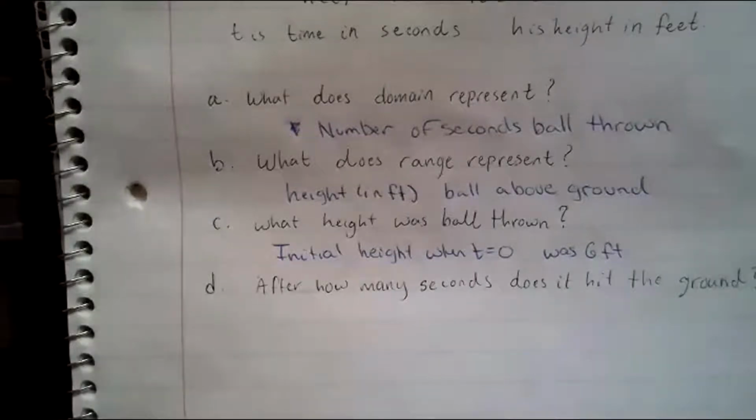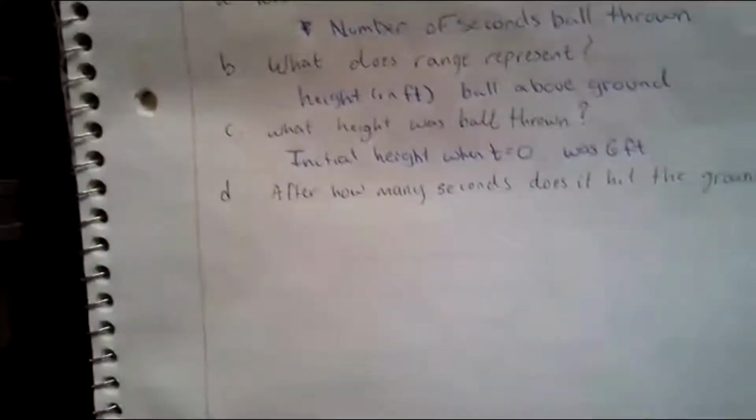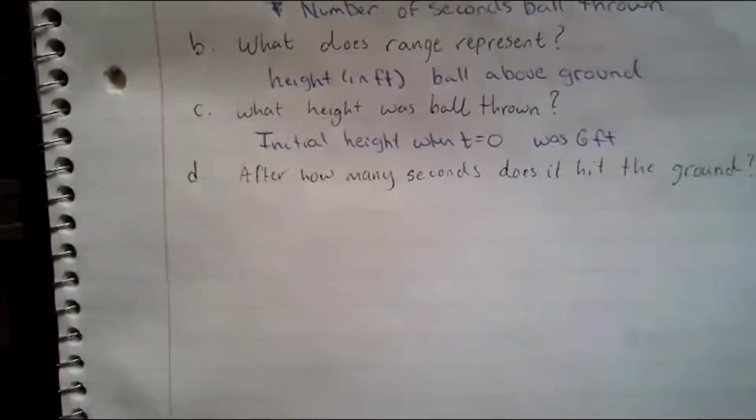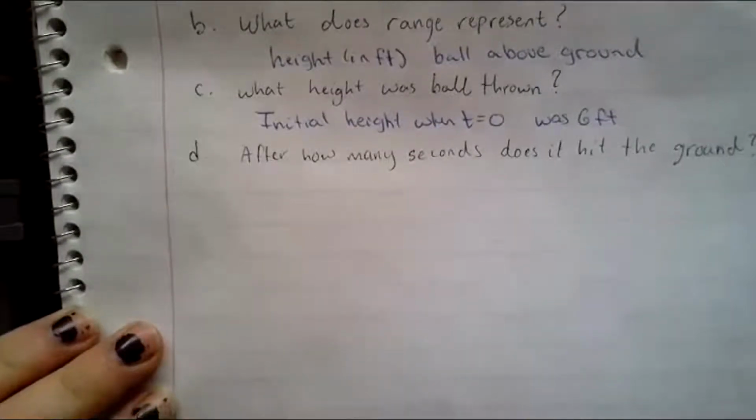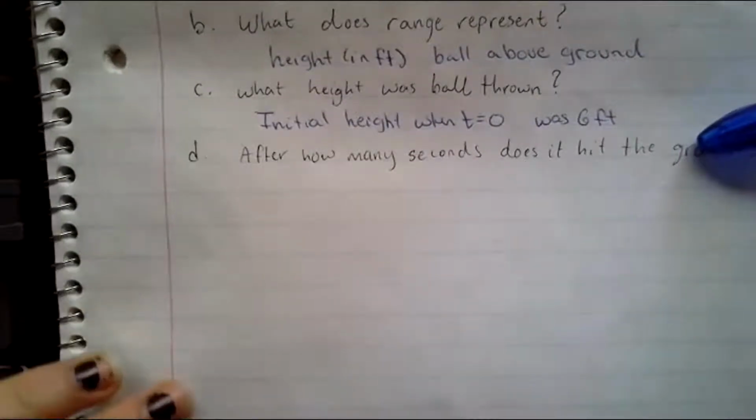All right, so after how many seconds does the ball hit the ground? How would we find that out? Well, it hits the ground when the height is 0, right? So we're going to set the equation equal to 0. There's a couple different methods to solve.